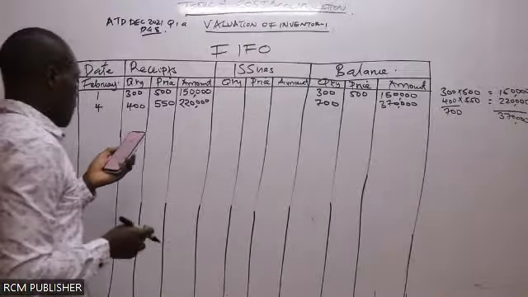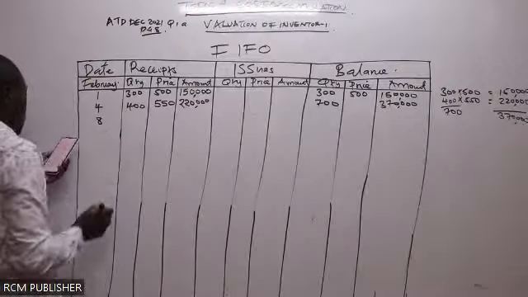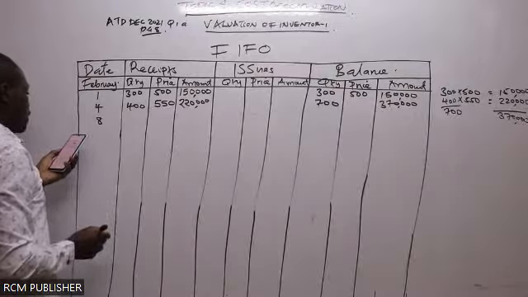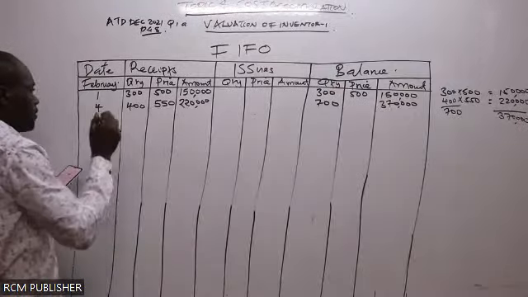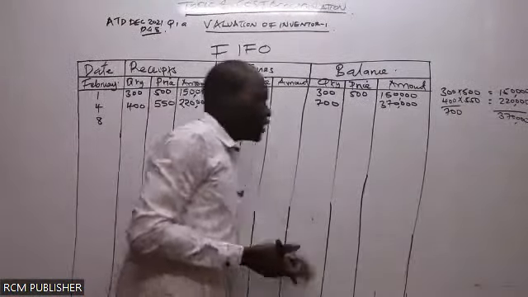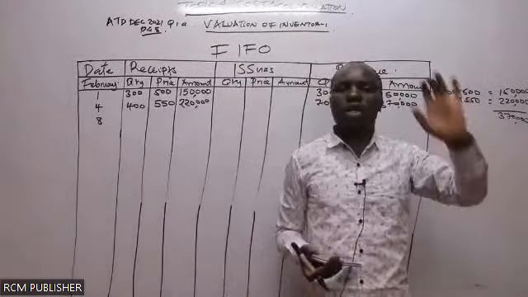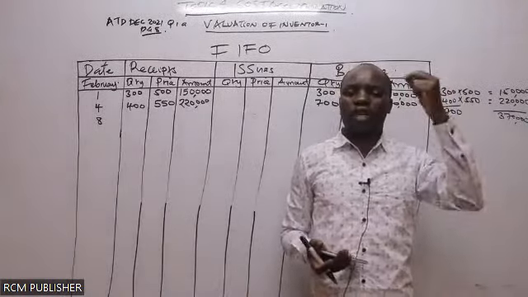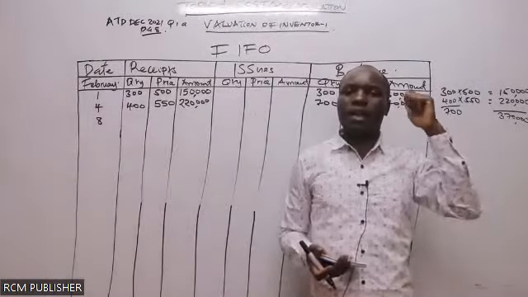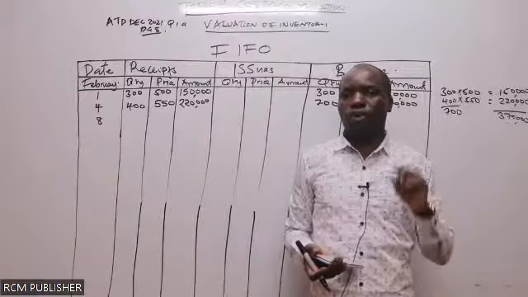Let's now proceed to the next date. From 4th, the immediate date there is 8th. What is happening on 8th? We are being told that goods have been issued on 8th. Of what units? 550. So these 550 units, we have to comply with the method. We will keep on referring to the method that we are using in this particular question. We are taking away 550 goods or units.